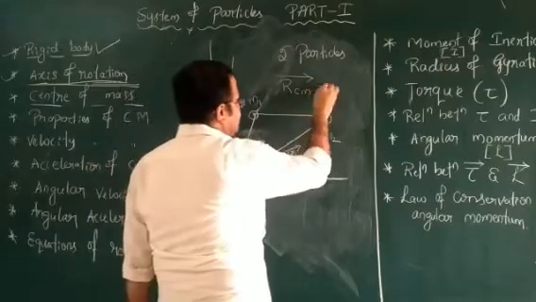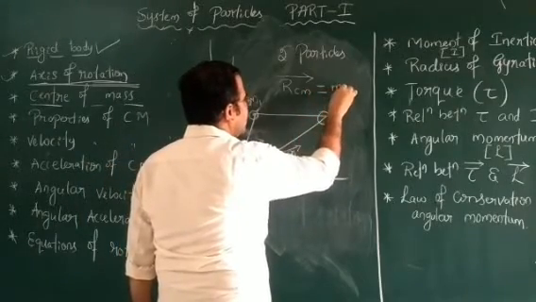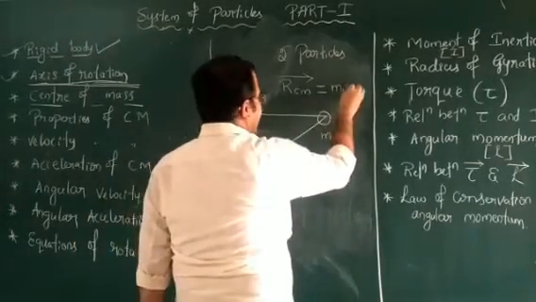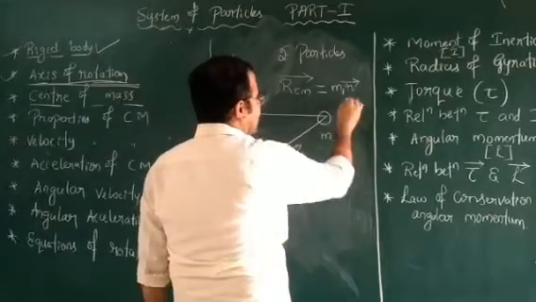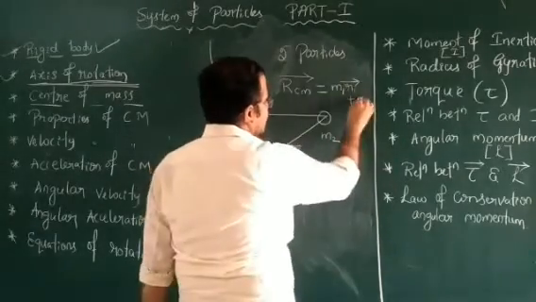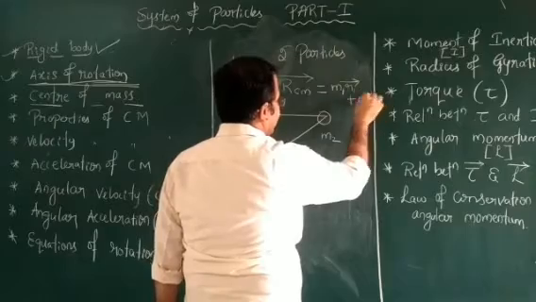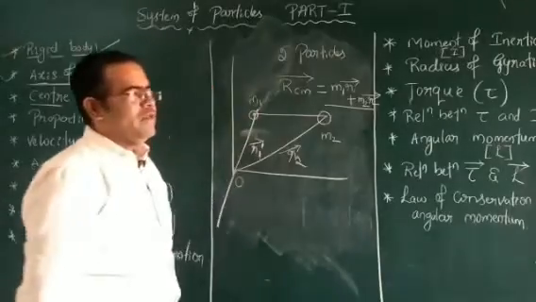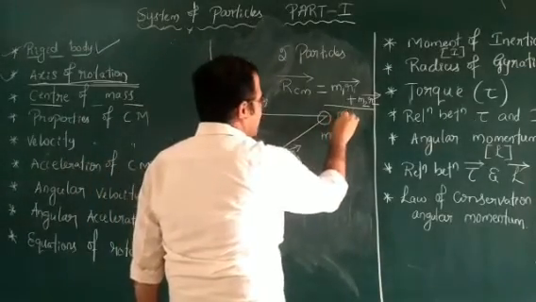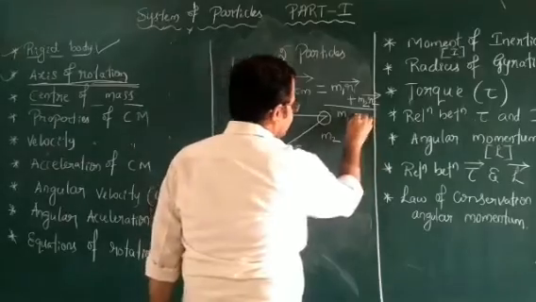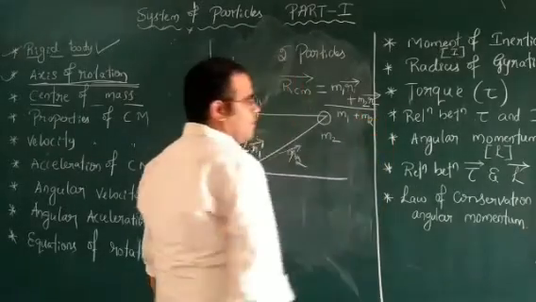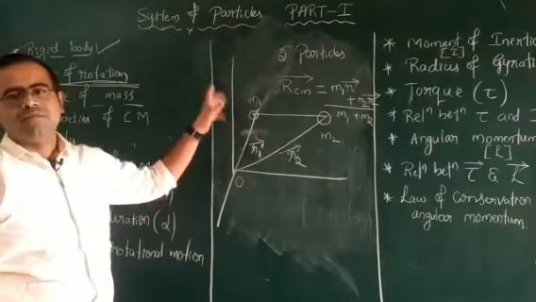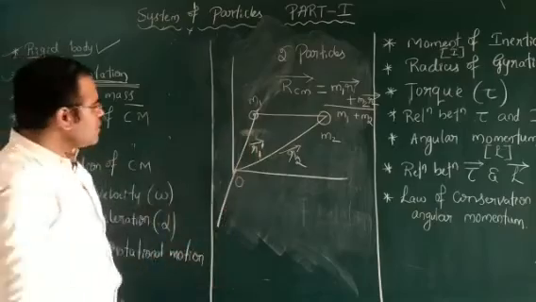When we write the equation, it is given by: the first particle has a mass of m1 and position vector r1, and the second particle has a mass of m2 and position vector r2, divided by the sum of the masses, m1 plus m2. So this is the equation corresponding to the system of particles with the two masses here.